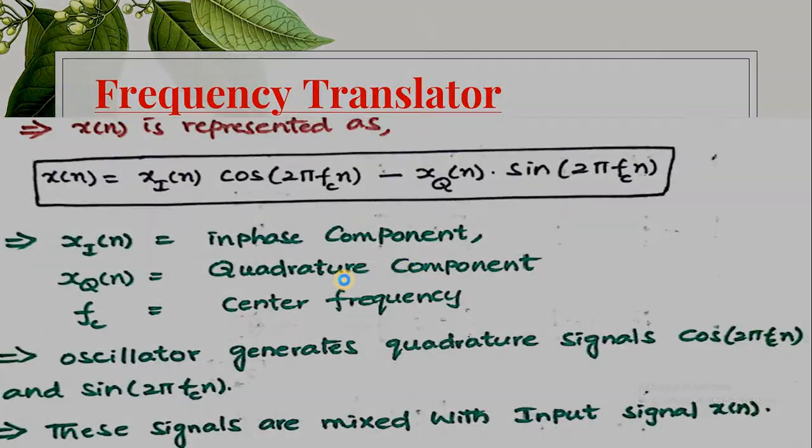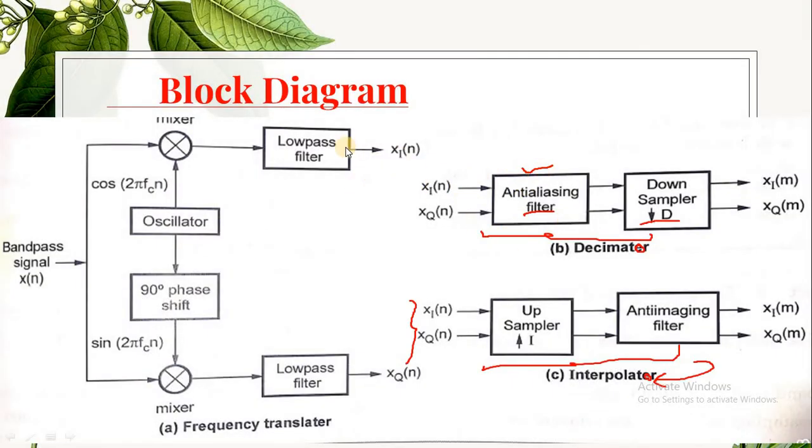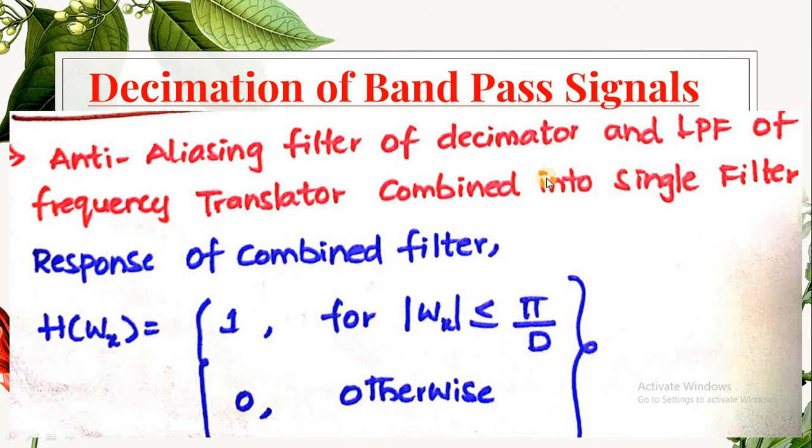The response of the combined filter is defined as H of omega x equals 1 for modulus of omega x less than or equal to pi by D, and 0 otherwise. Combined filter means the anti-aliasing filter of the decimator and the low pass filter of the frequency translator. This is the combined filter response.